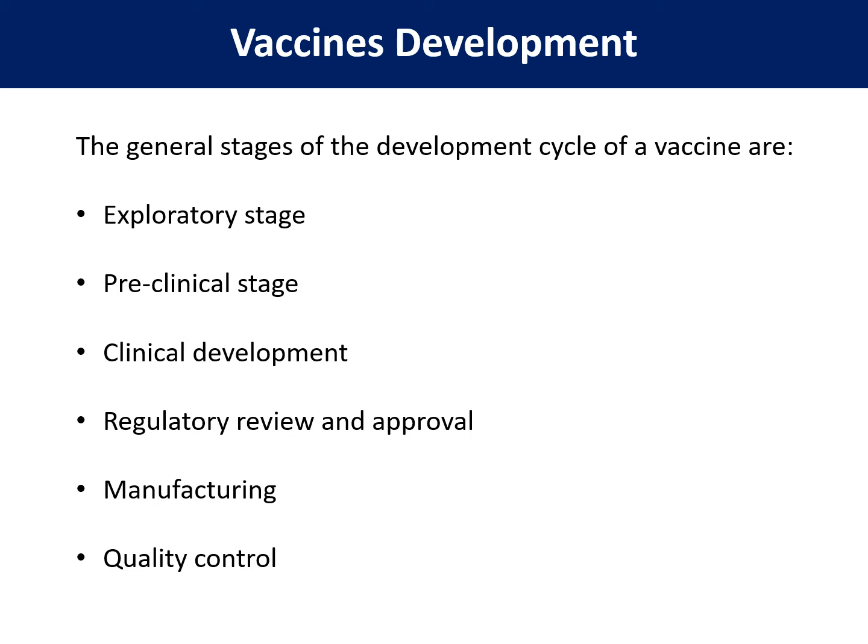The general stages of the vaccine development cycle comprise the exploratory stage, the preclinical evaluation, which is mainly done on animals, and then the clinical development, which involves the clinical trials, regulatory review and approval. The next step is manufacturing the vaccines, and of course we will have the QC, which is quality control.